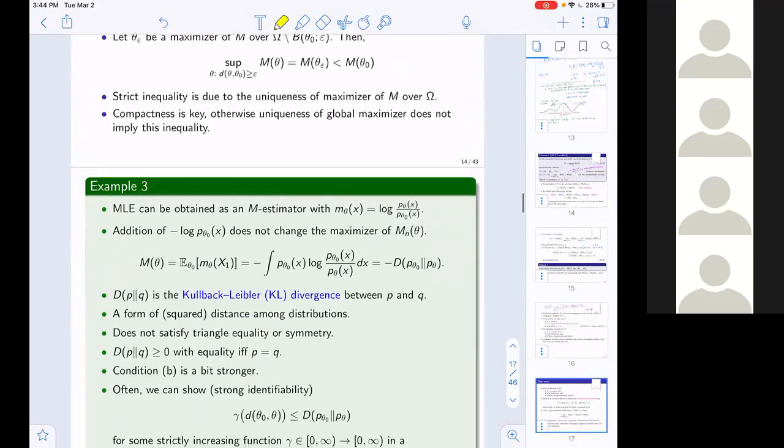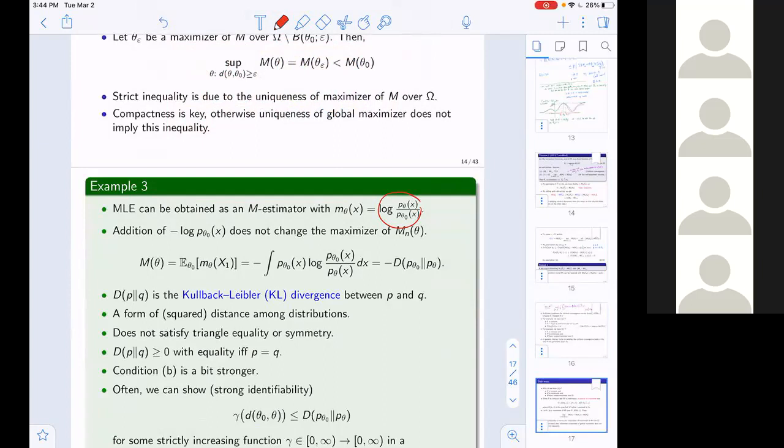Okay, so for example, let's try to apply this result to the MLE. We saw that the MLE is obtained as an M estimator with m theta of x being log p theta of x. Here I'm replacing it with log p theta of x divided by p theta naught of x.